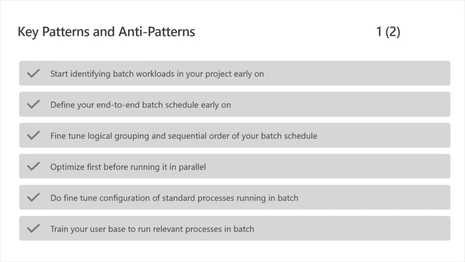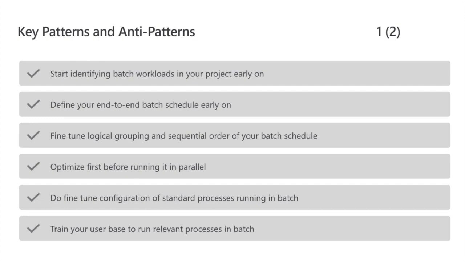So first tune it and then get into scalability of parallel execution of it. And this is especially true for time-sensitive and business-critical processes, of course. Simply, you might need to invest more time into these to meet your non-functional requirements. So there's some work implied.